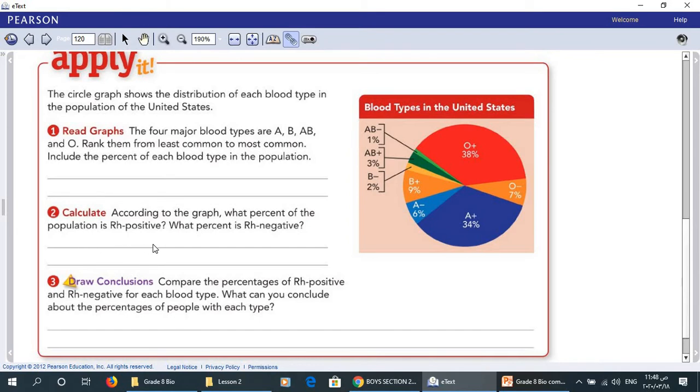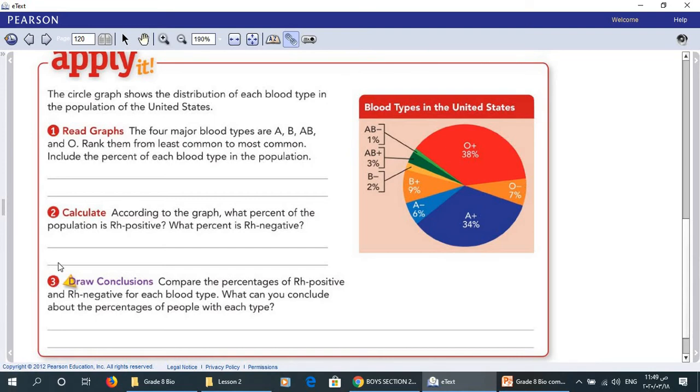84% are positive, including AB plus, B plus, A plus, O plus. Now for Rh negative, I will add, for example, 1% to 2% to 6% to 7%.